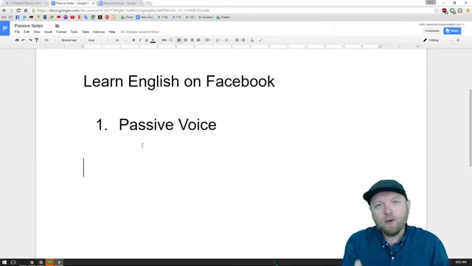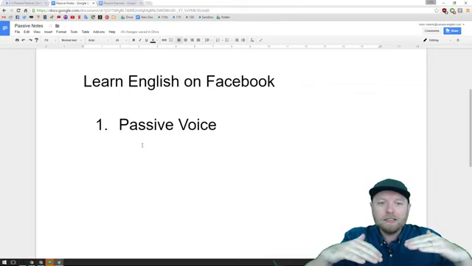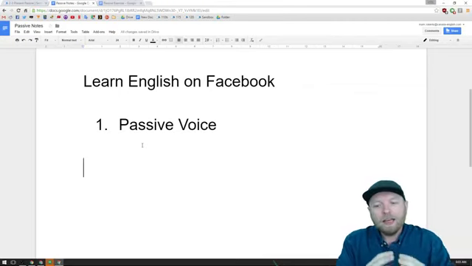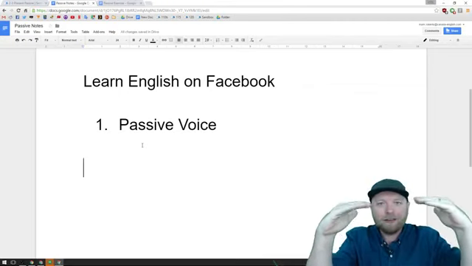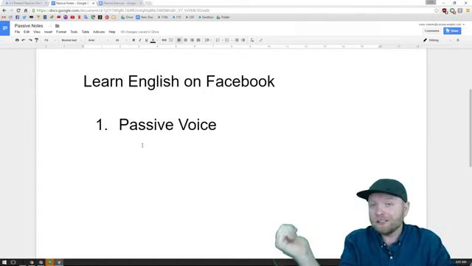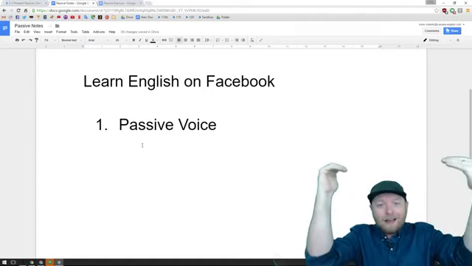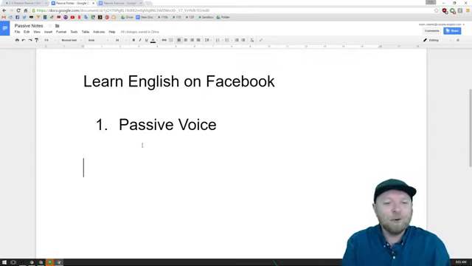Now, if you are a low level student, this is important. If you are a medium level student, this is important. And if you are a high level student, this is important.